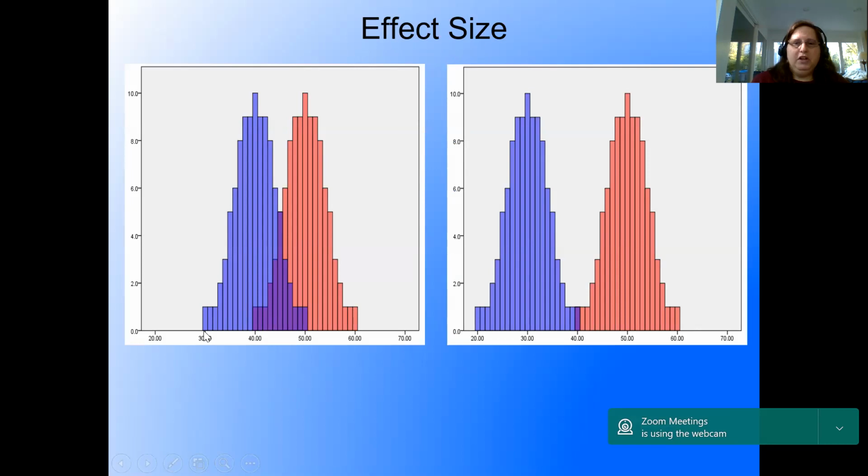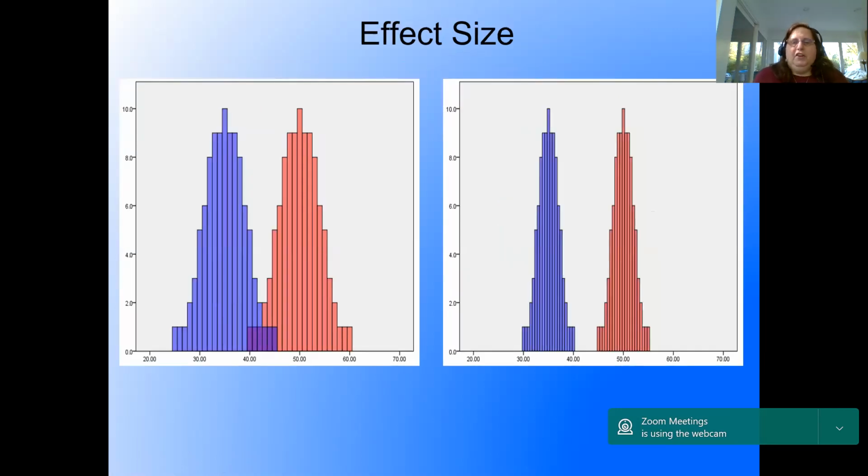The difference between this mean 40 and this mean 50 is about 10. Over here, the difference between this mean 30 and this mean 50 is about 20. So clearly on the right side, we have larger mean differences, and as a result, we have a larger non-overlap. And so we would appropriately guess that this has the larger effect size on the right side.